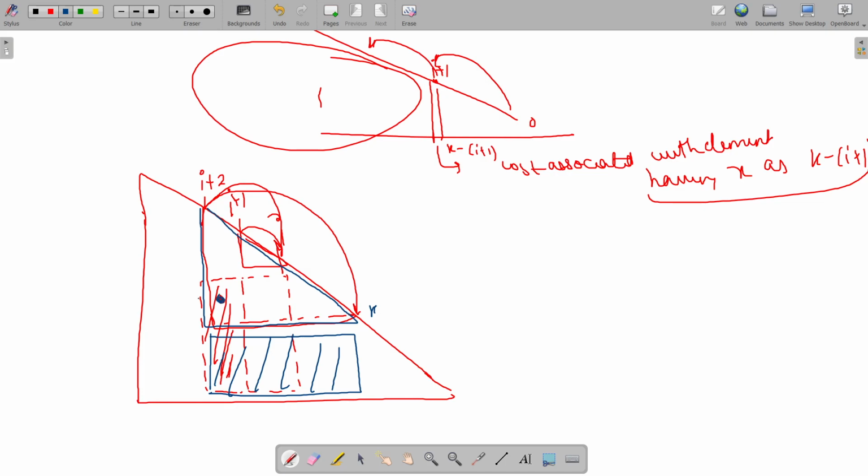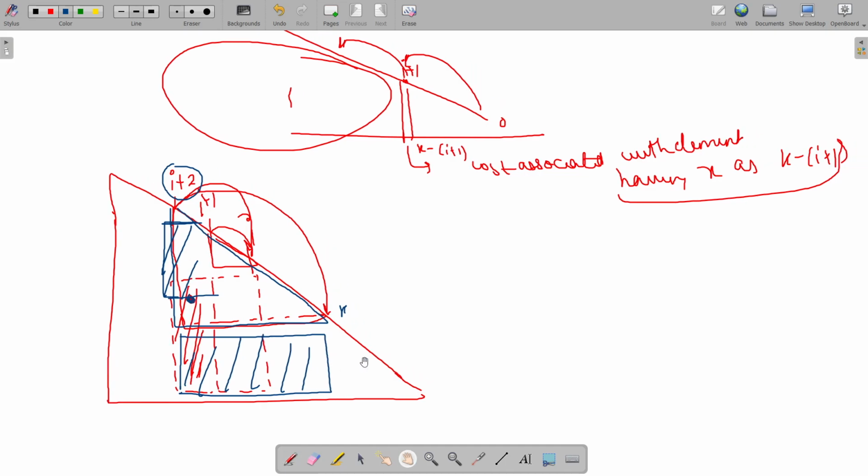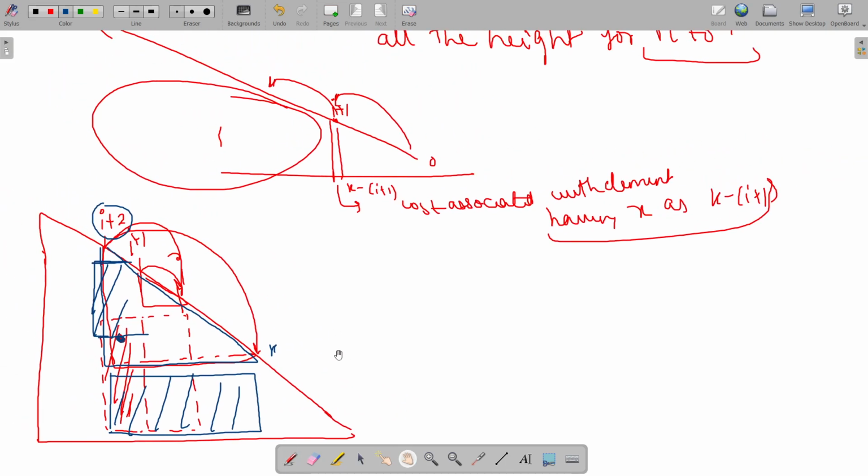So only from this element's height all the way till this height minus one, all those indexes you have to update. That's how you carry on the DP updates.